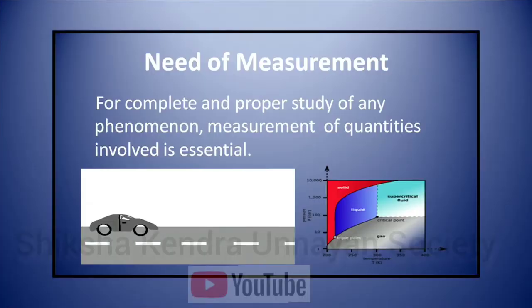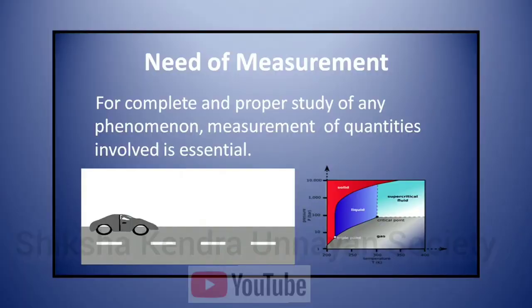For complete and proper study of any phenomenon, measurement of quantities involved is essential. For example, to study the motion of a particle, measurement of its displacement, velocity and acceleration at any instant has to be made accurately. For this, measurement of time and distance has to be done.